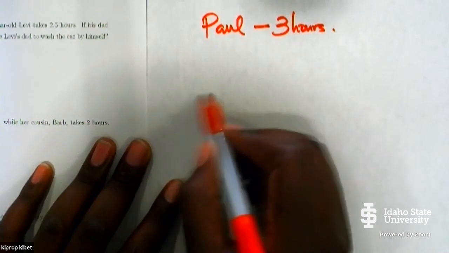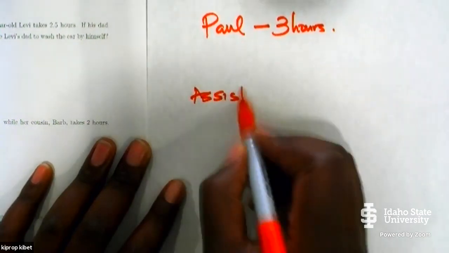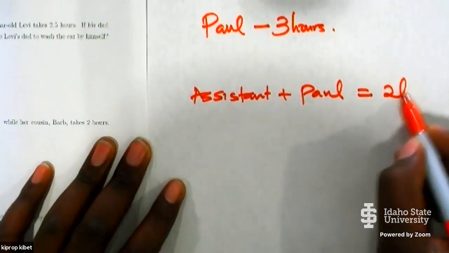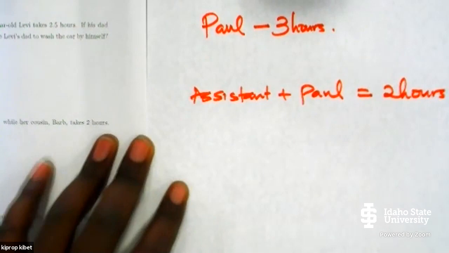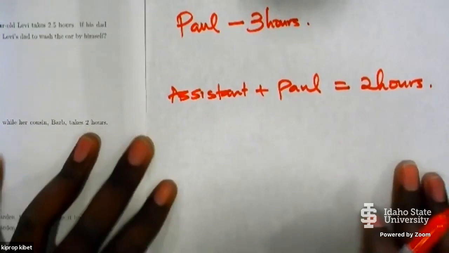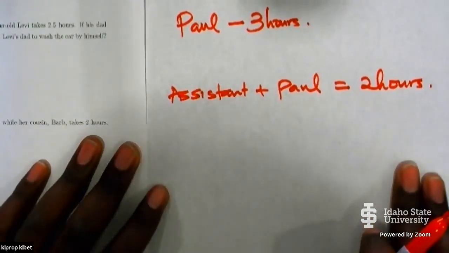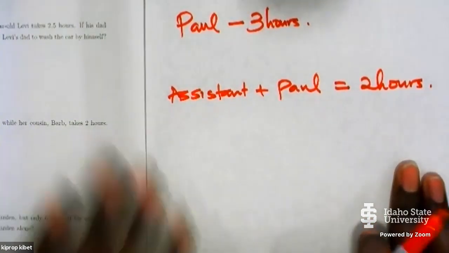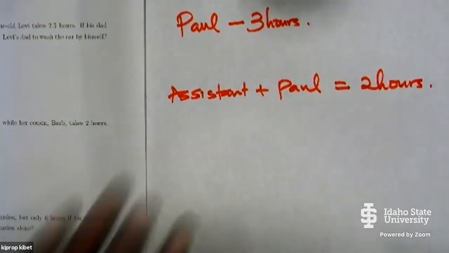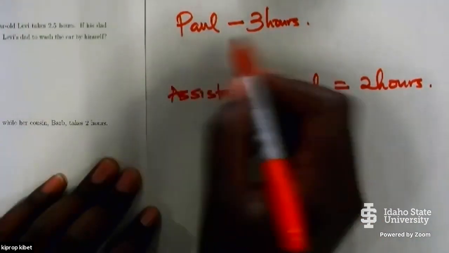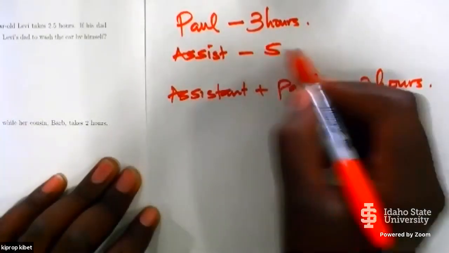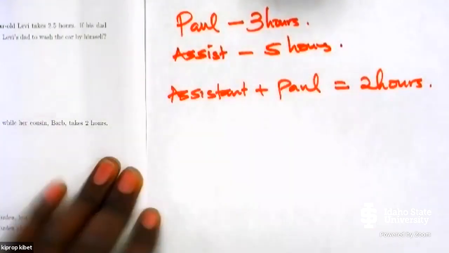So when he has the assistant, so assistant plus Paul, it will take how many hours? 2 hours. So the assistant plus Paul will take 2 hours. Now, the question is, how long will it take the assistant to do it alone? So let's say the assistant will take S hours there, okay?